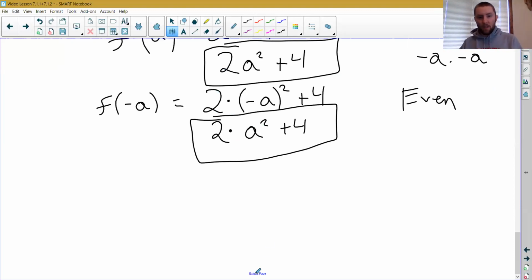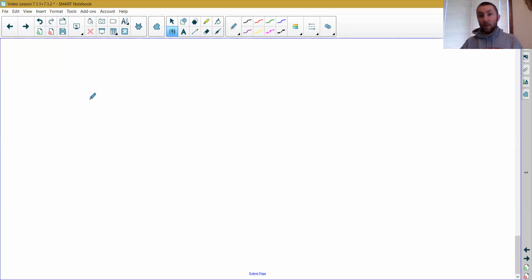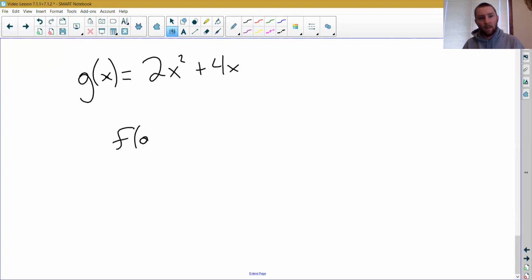Now, if you want to see an example of something where it's neither, let's just use a similar sort of function, but instead of 2x squared plus 4, let's do 2x squared plus 4x, okay? So now let's plug in f of a.